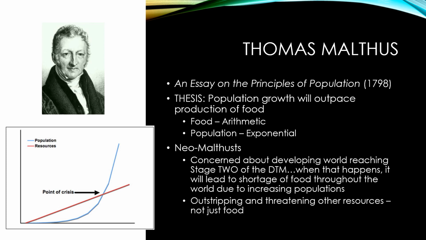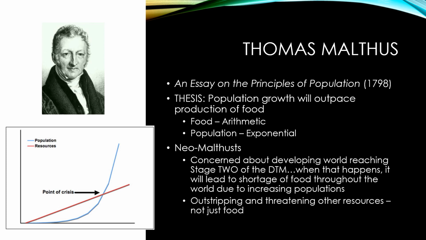And when we get to that point of crisis, that basically means there's not enough food for the amount of people there are. And that's not too good, right? That's going to be bad news for all of us. And throughout history, you continue to have people that believe that. The neo-Malthusians believe that once the developing world, LDCs, entered stage 2, that's going to lead to global famine, because we just cannot keep up with food production with the amount of people that are out there.